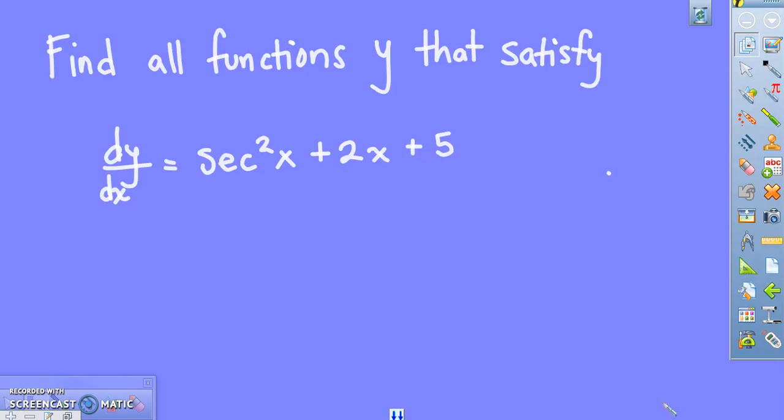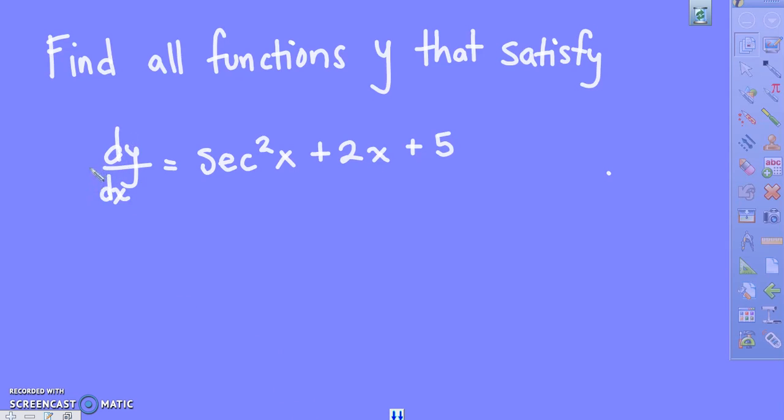So let's look at an example. Find all functions y that satisfy dy over dx is equal to secant squared x plus 2x plus 5. So let's look for that general solution. And so the main idea is to integrate. So kind of behind the walls, what we're going to do is break up this dy over dx.